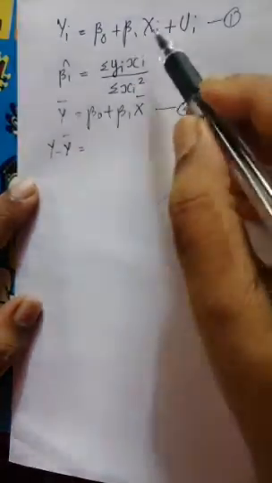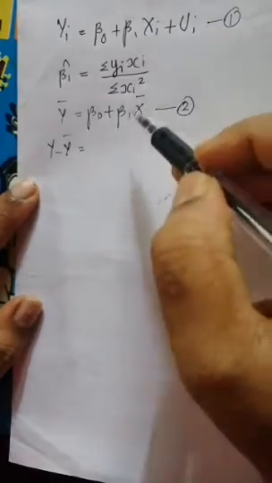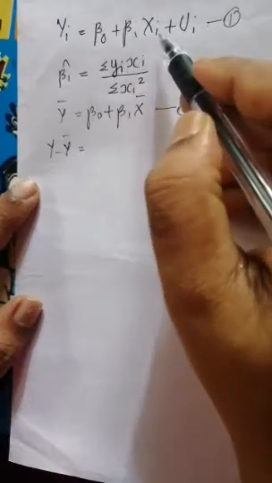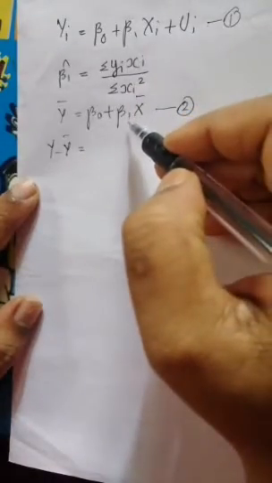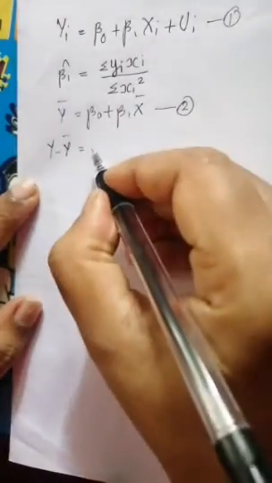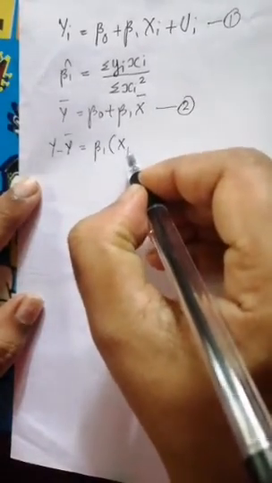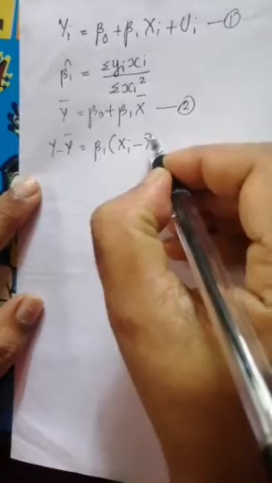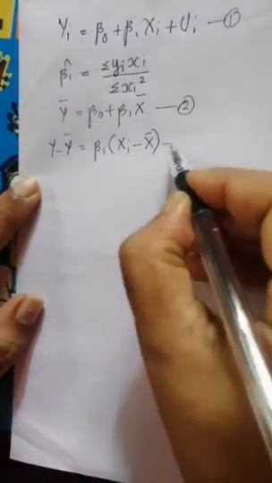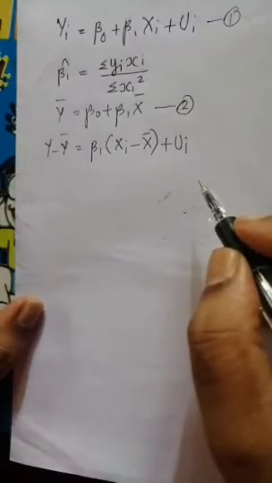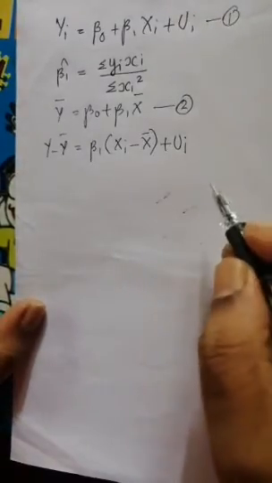Subtracting beta 1 x bar from beta 1 xi gives beta 1 times xi minus x bar, plus ui, and this is the mean version of the first equation.